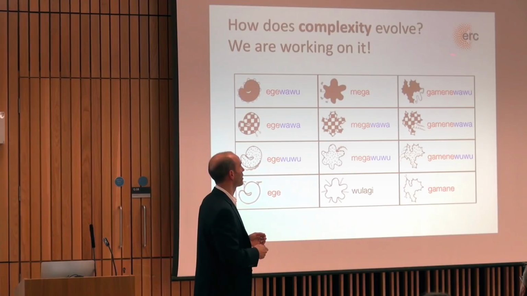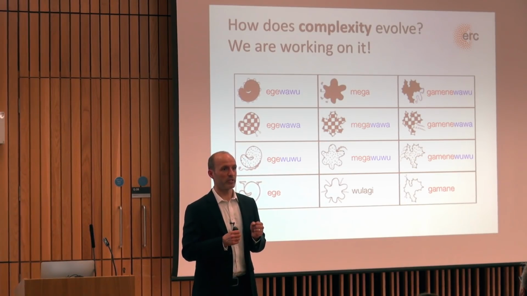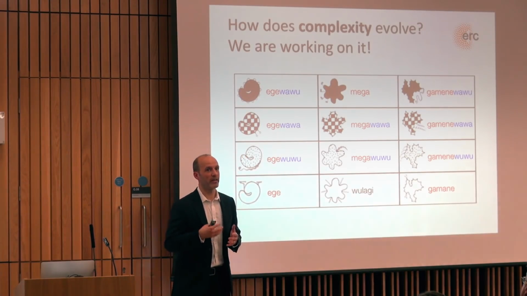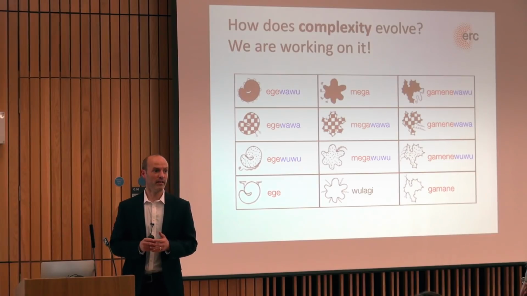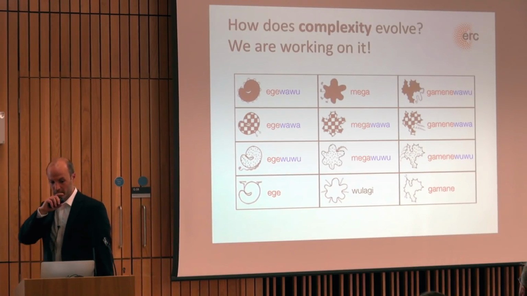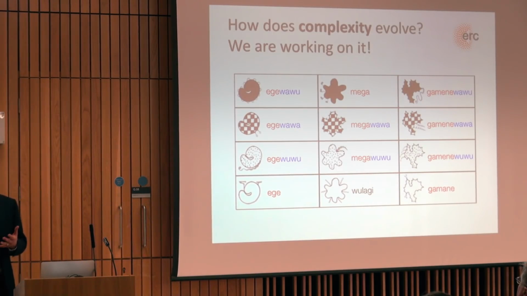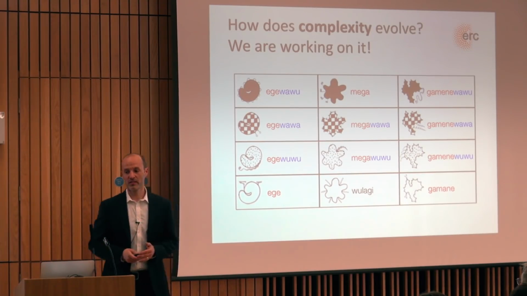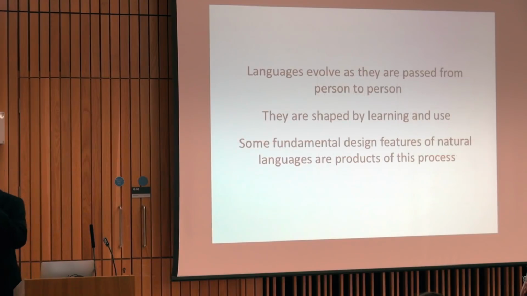So in my current projects funded by the ERC, we're trying to push this paradigm to see under which conditions these languages might become more complex and might start to acquire the echoes of the kinds of complexity that we see in full-blown natural languages. Okay, but the idea again is that these kinds of interesting complex structures emerge through this process of learning and use.